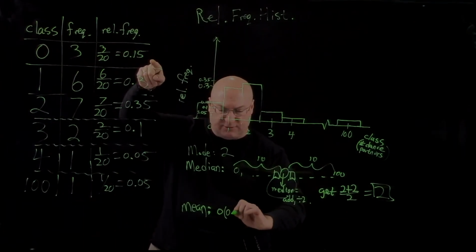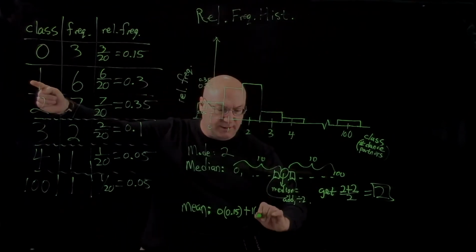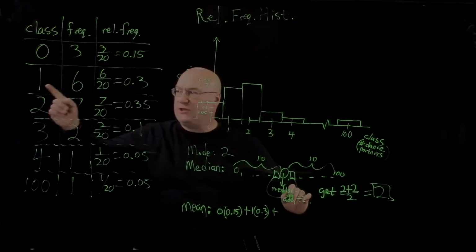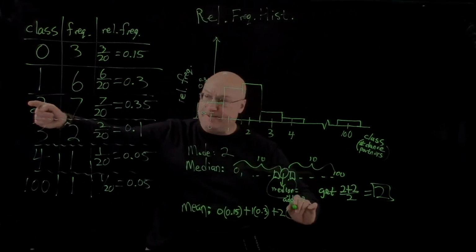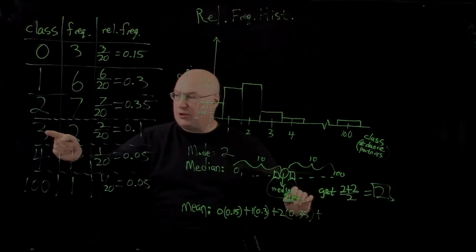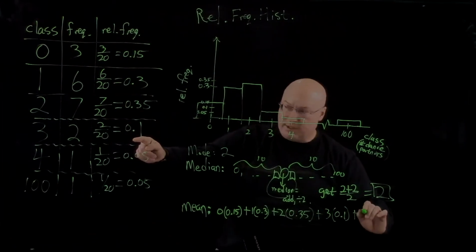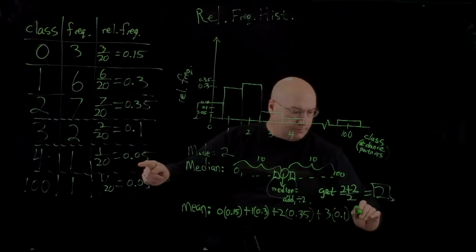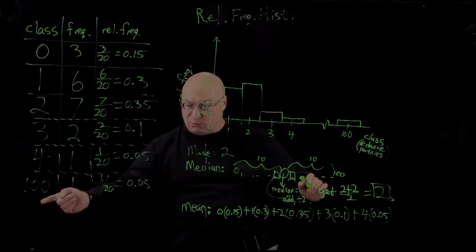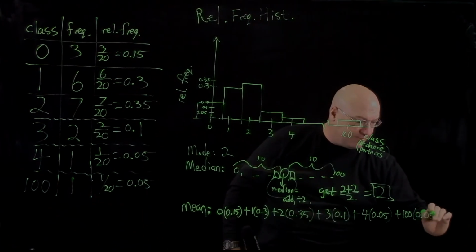So 0 times 0.15 plus 1 times 0.3 plus 2 times 0.35 plus 3 times 0.1 plus 4 times 0.05 plus 100 times 0.05.